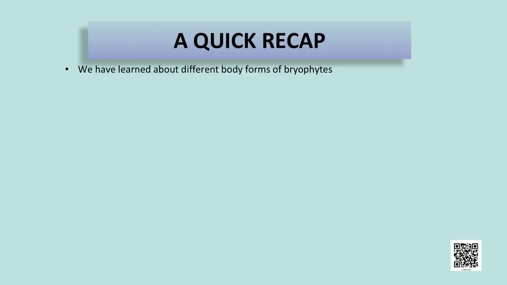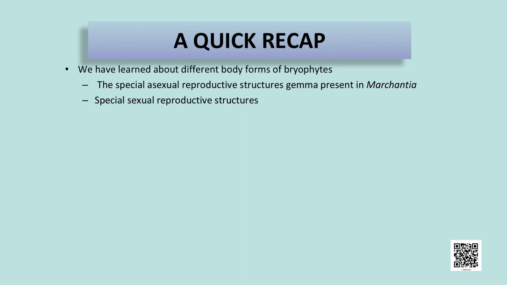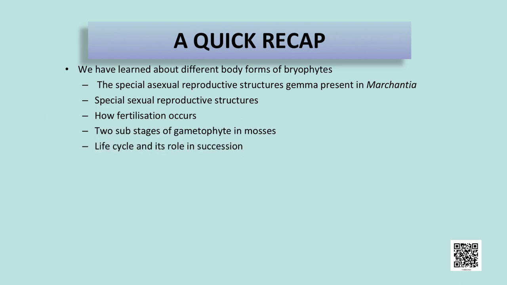Let us visit our session again by taking a quick recap. We have learned about different body forms of bryophytes, the special asexual reproductive structures, gemma present in Marchantia. We have learned about sexual reproductive structures, how fertilization occurs, two substages of gametophytes in mosses and its life cycle.